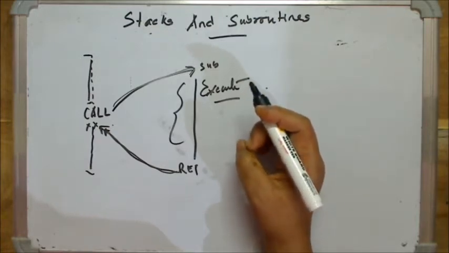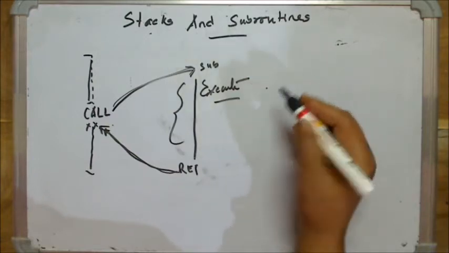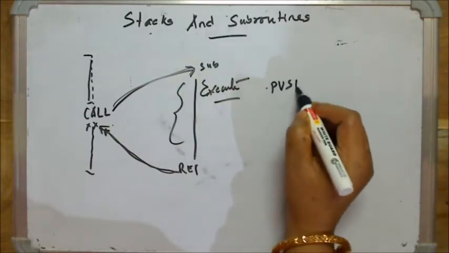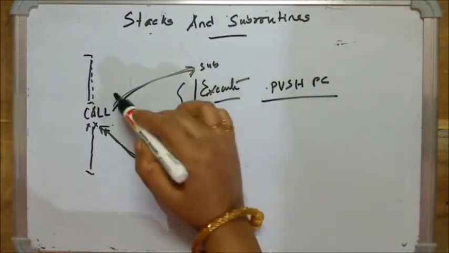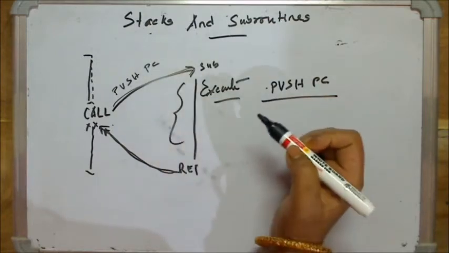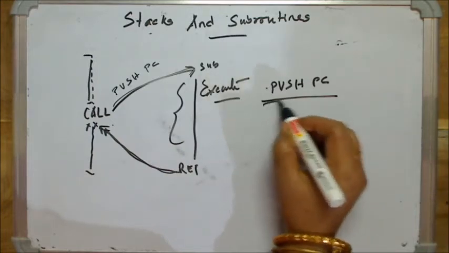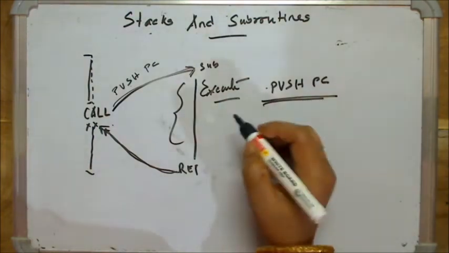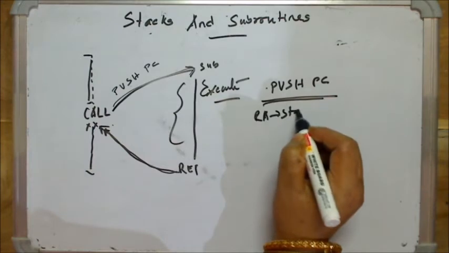Push the value of PC, program counter, into stack by using push PC. Already know this, right? Now that means the return address will be stored into the stack.